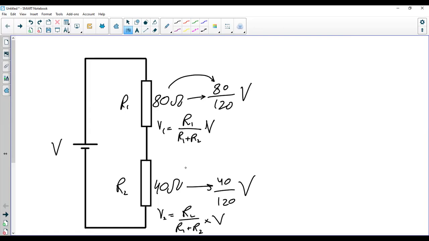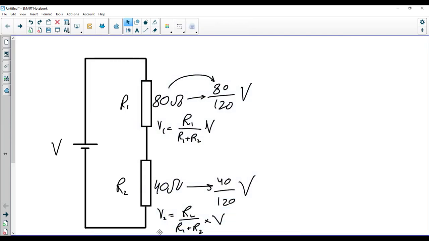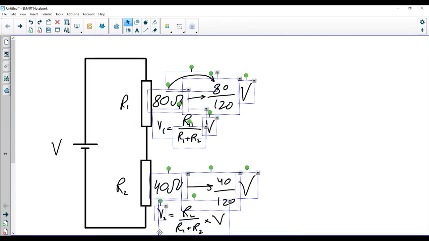Everyone clear about it? Okay. So I just remove these calculations. We can use any combination of resistance, any values for resistance.